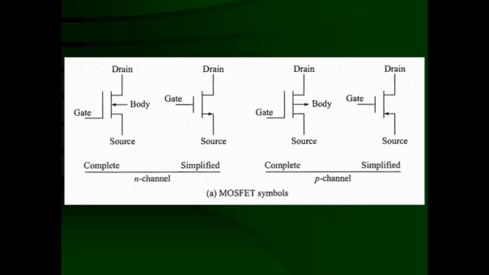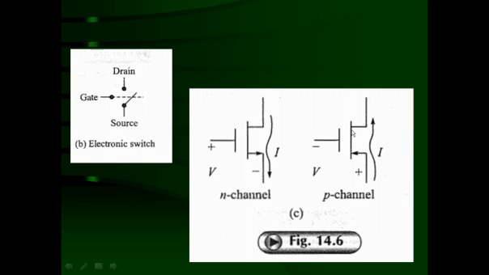So conventionally, like the NPN transistor, the symbol is made like this for an N channel MOSFET, opposite to the P channel MOSFET. The body symbol is in outward direction, but when the body and source are connected, the symbol will go in inward direction. The arrow will go inward just like a PNP transistor. So this is the symbol of N channel and P channel MOSFET. This is between the gate and source.